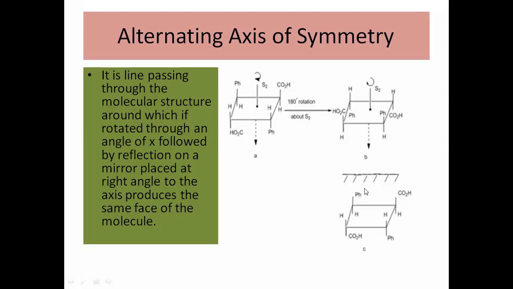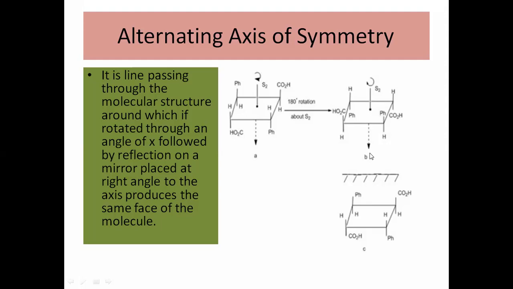See this molecule and this molecule. See the position of the substituents. They are the same, above and below. See, this is the alternating axis of symmetry. What? This is the line passing through the molecular structure, around which we rotated this molecule by 180 degrees, and then it is reflected on a mirror placed at a right angle.